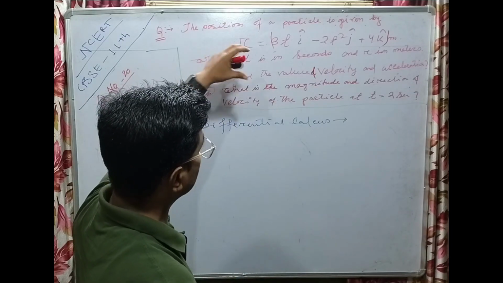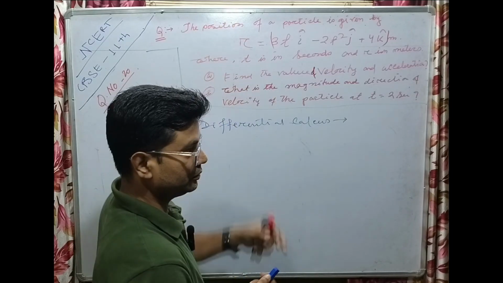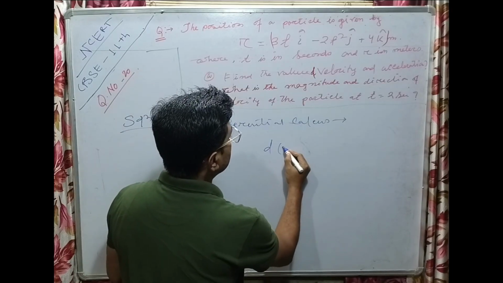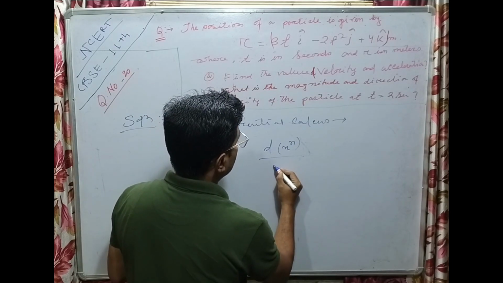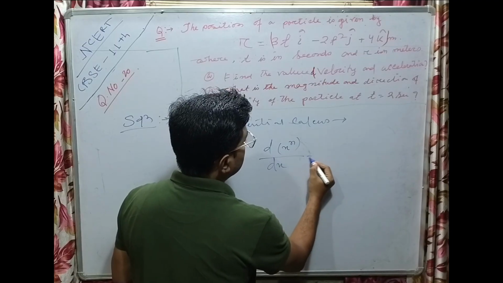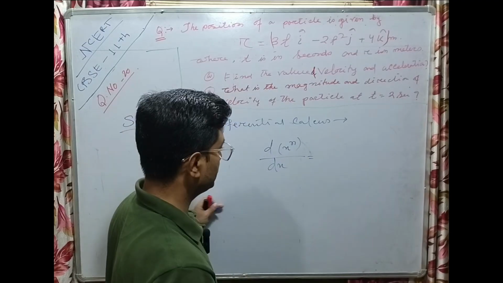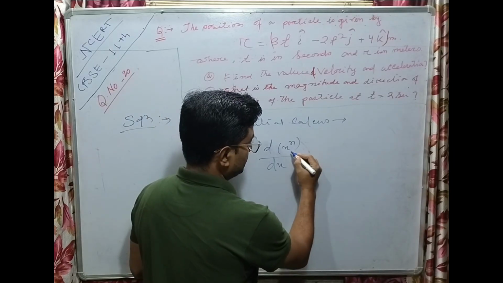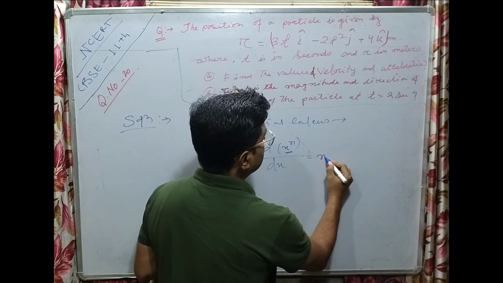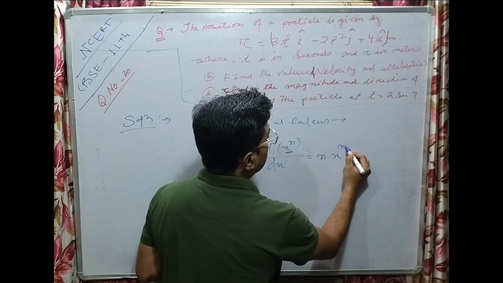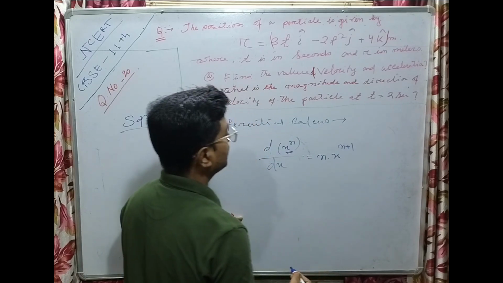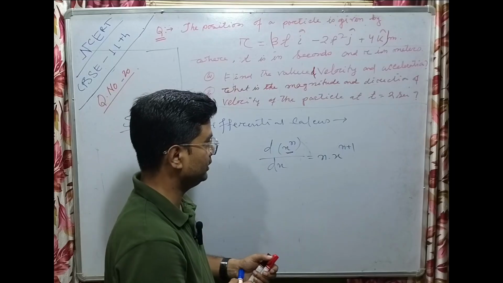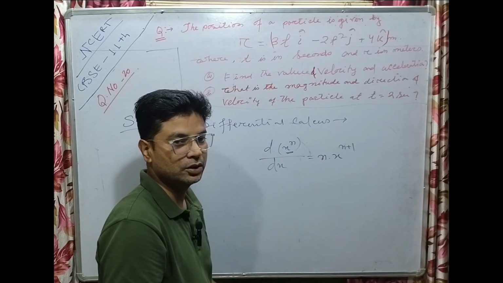So, before going to this problem, I would like to share the differentiation of a function x to the power n with respect to x. What is the differentiation of x to the power n with respect to x? That is, the differentiation of x to the power n is n into x to the power n minus 1.